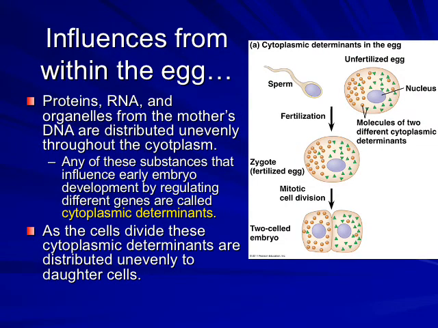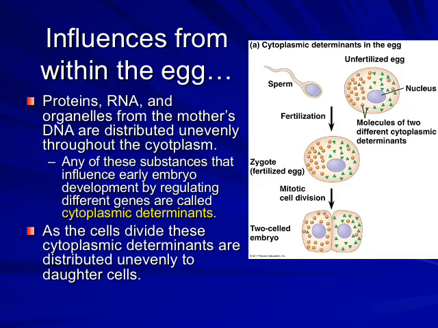And this picture is found on page 380 of your books. Okay, so the proteins, RNA, and organelles from the mother's DNA are distributed unevenly throughout the cytoplasm. So there are clusters of these organelles and proteins and RNA. Any of these substances that influence early embryo development are called cytoplasmic determinants.